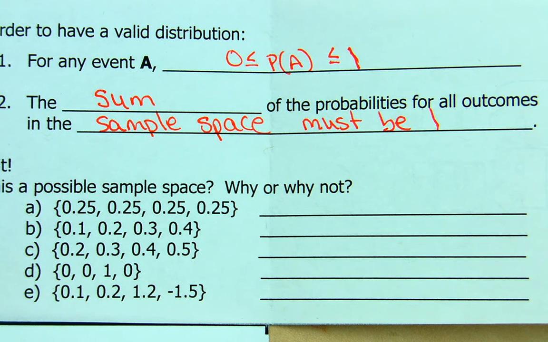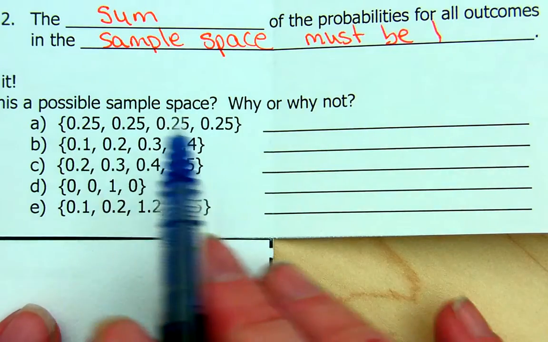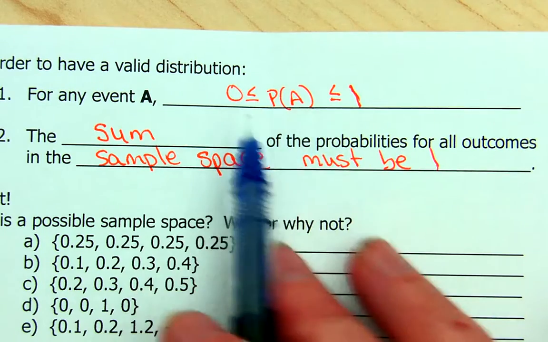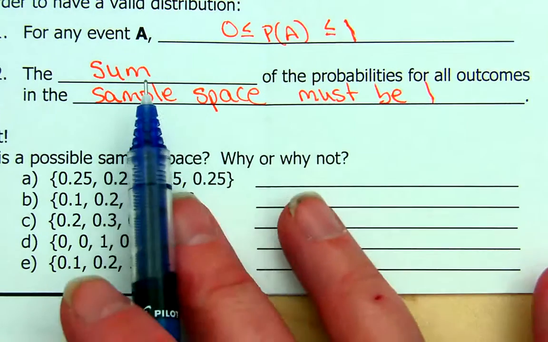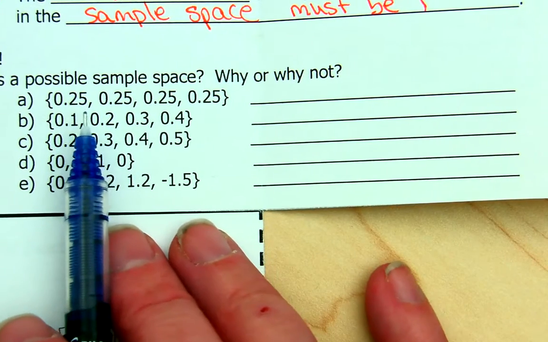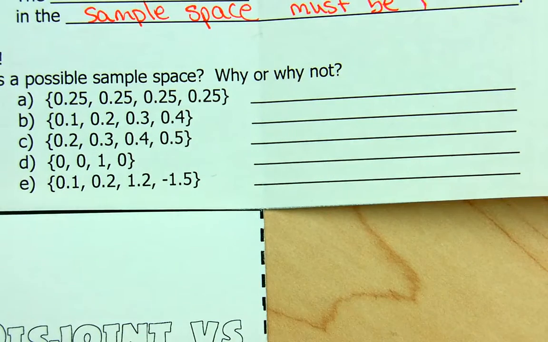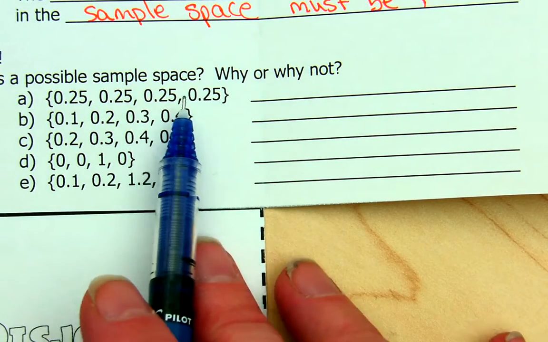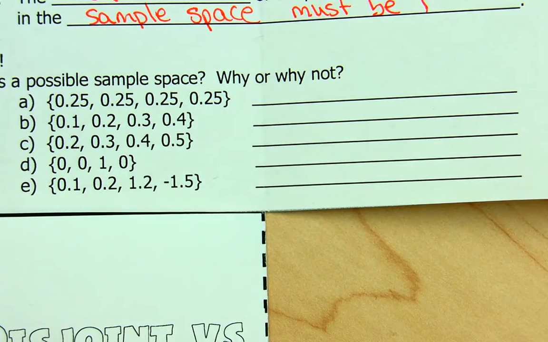So we want to know, is this possible? We're wanting to check, is each probability between 0 and 1 inclusive, and does the sum always add up to 1? So here, each probability individually is between 0 and 1. If we add these up, we get something that's equal to 1.